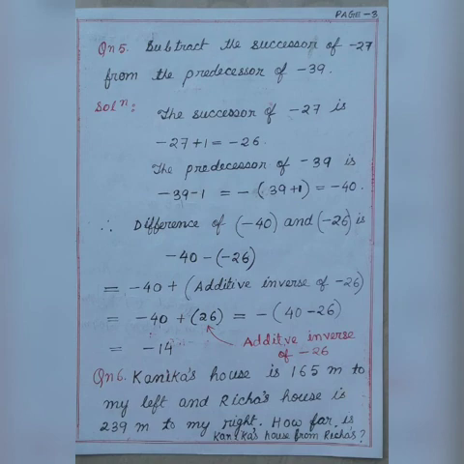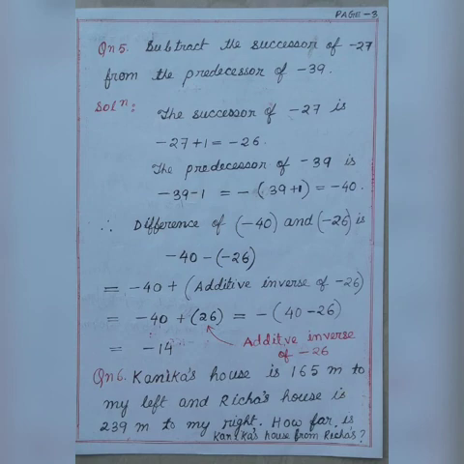Question number 5. Subtract the successor of minus 27 from predecessor of minus 39. So successor of minus 27 is minus 27 plus 1. We have to add 1 to the given number to get the successor of the number. So if we add 1 to minus 27, we get minus 26. To get the predecessor, we have to subtract 1 from the given number.